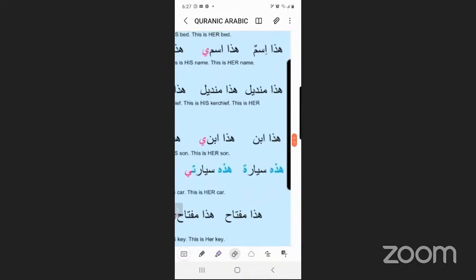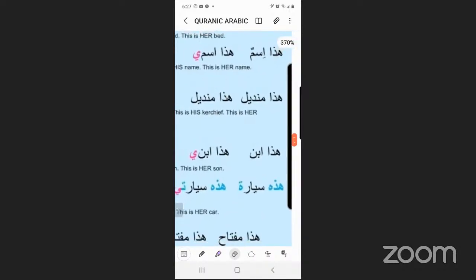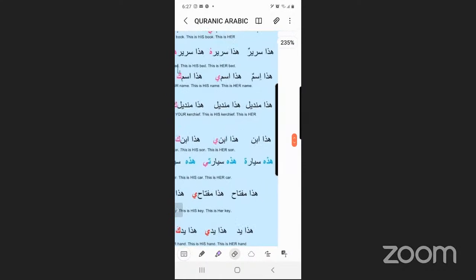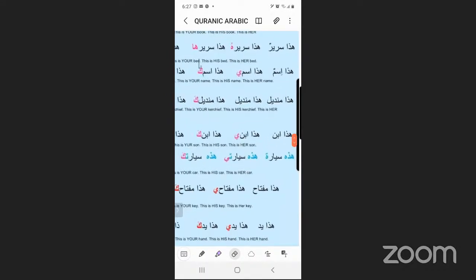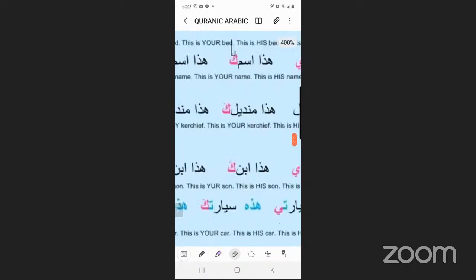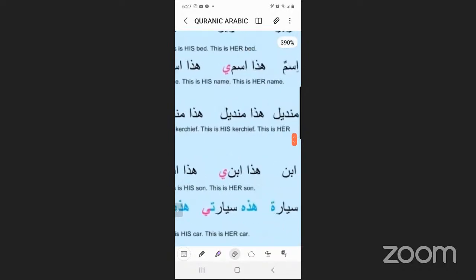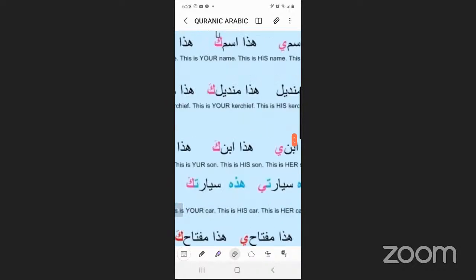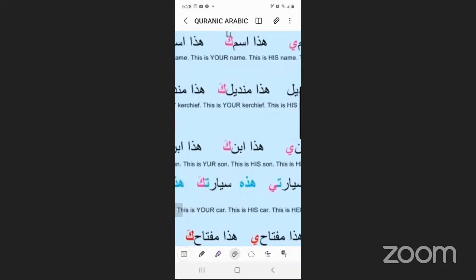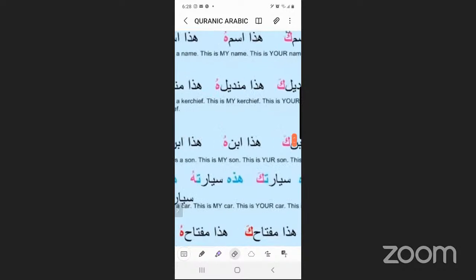Haza mandil. Mandil is a handkerchief. This is a handkerchief. Haza mandili, this is my handkerchief. Mandiluka, this is your handkerchief. Haza mandiluhu, this is his handkerchief.